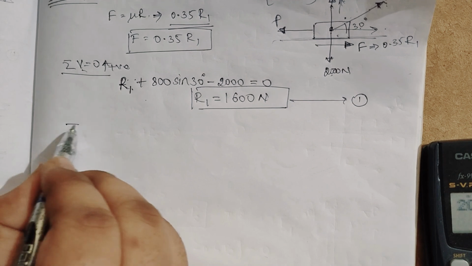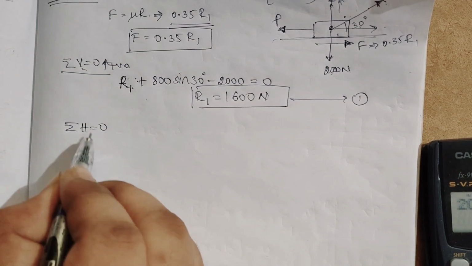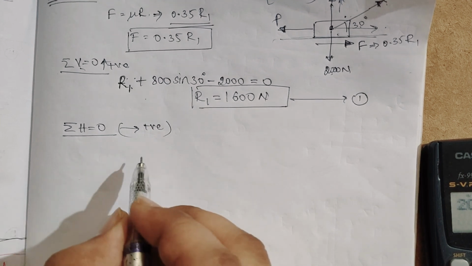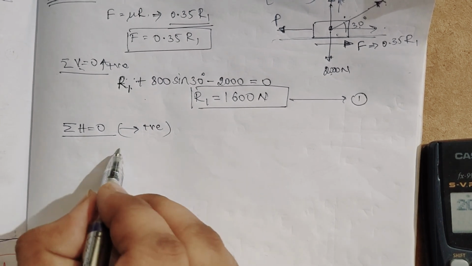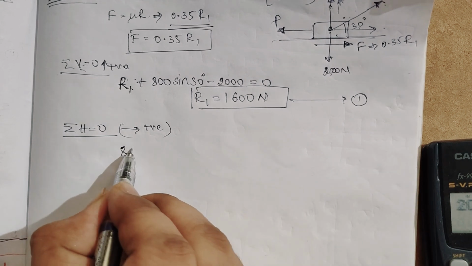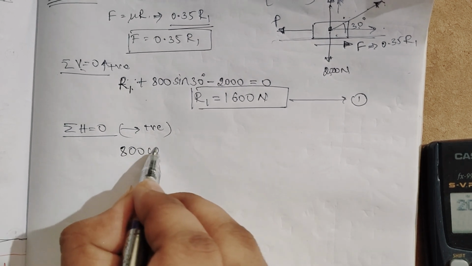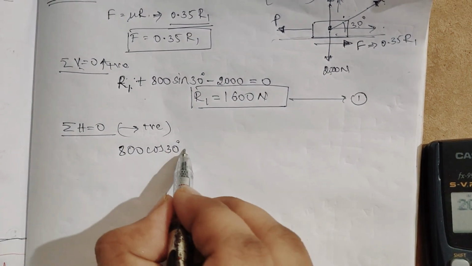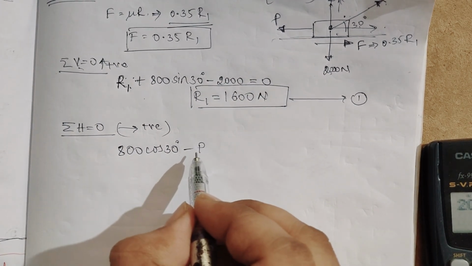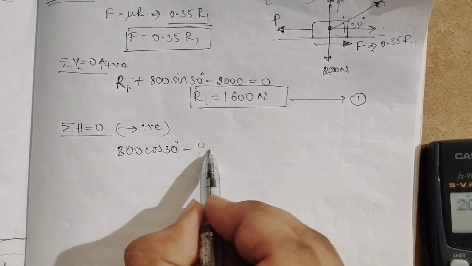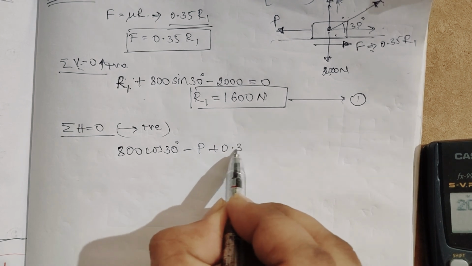Now the horizontal force is equal to 0, taking left to right as positive. Now what are the horizontal forces? I will take first T, which is positive, 800 cos 30 degree, then your P is there, minus P, then this F is also positive, that is 0.35 R1.